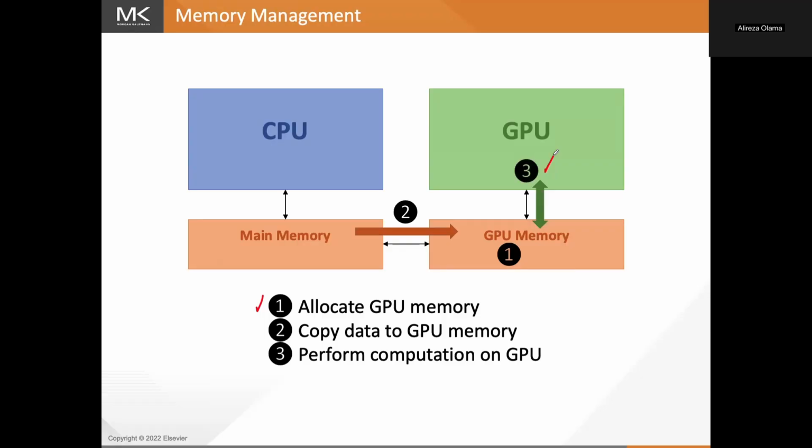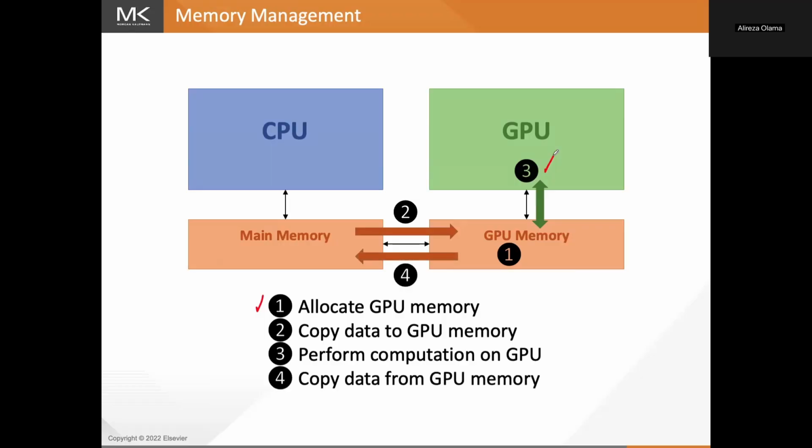So you keep the data on the GPU and perform all the computations that you want on that data. You do not transfer the data all the time. You just transfer the data to the GPU once, and perform as many calculations as you want.